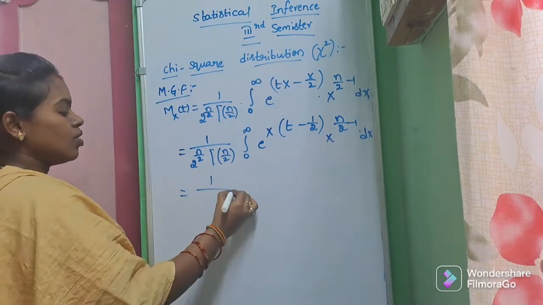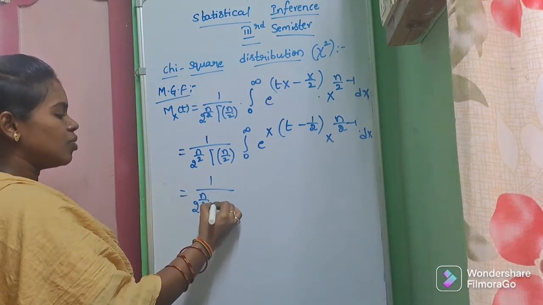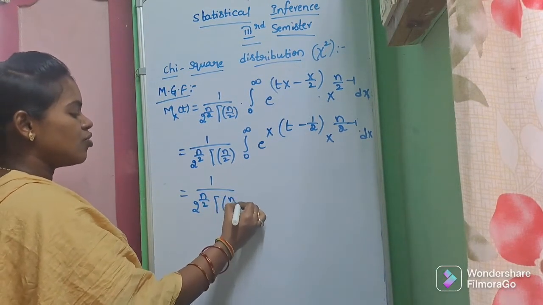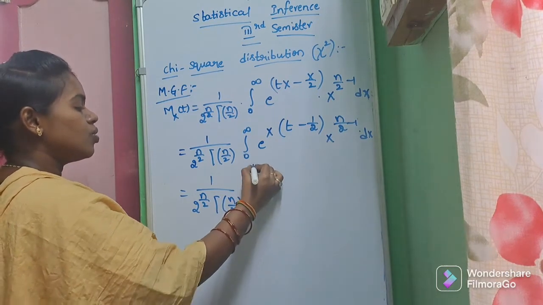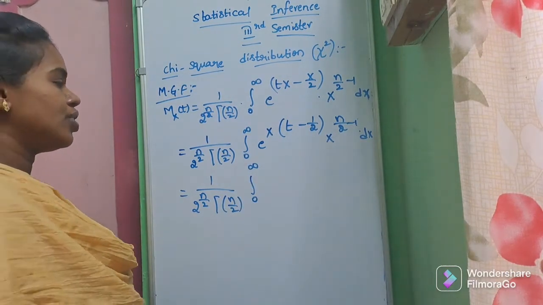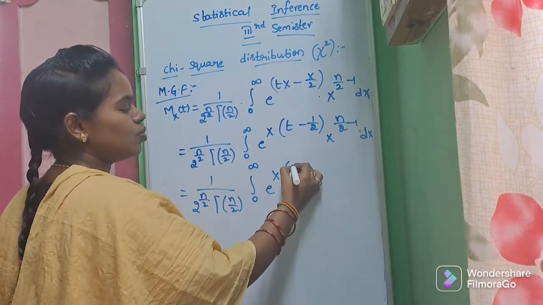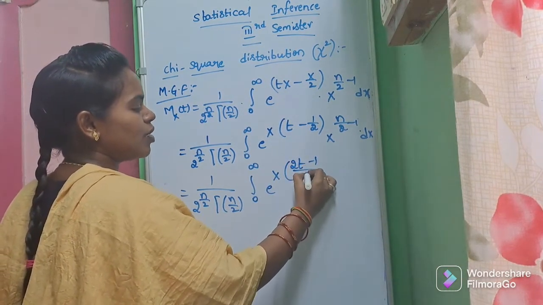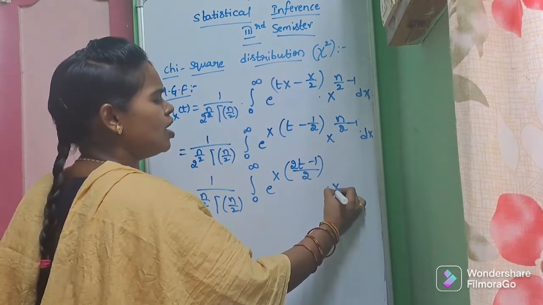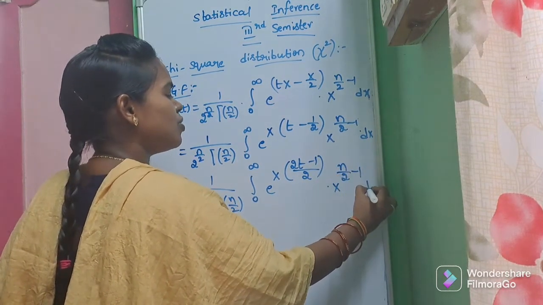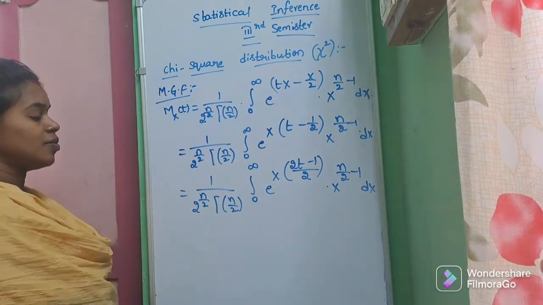Same. Now I am taking the LCM: e power x into (2t minus 1) by 2 into x power n by 2 minus 1 into dx.